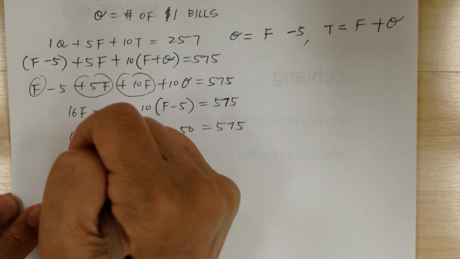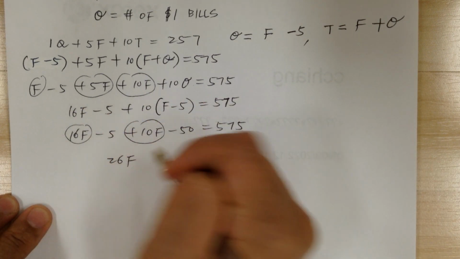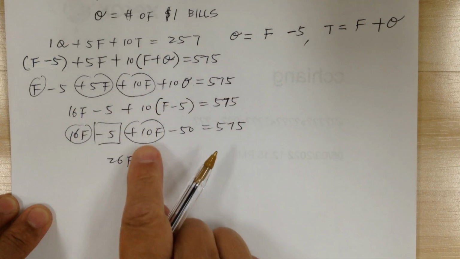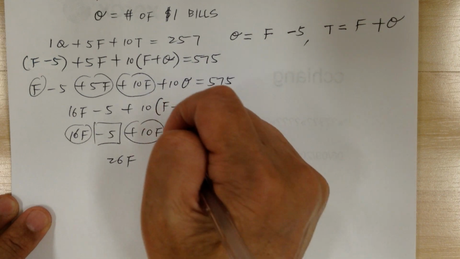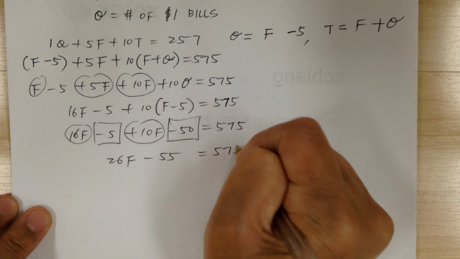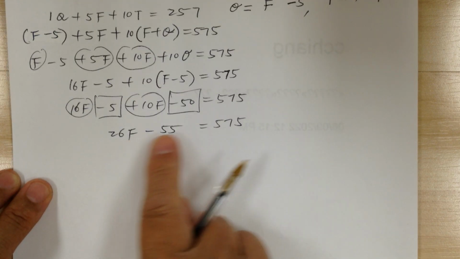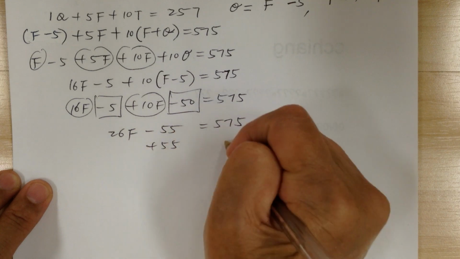Okay, so I'm going to combine the like terms. Again, this one and this one is 26F. And this one, so notice I use different shapes because this is for the F and this is for the numbers, right? Okay, so it'll be minus 55 equal to 575. So to solve this, I need to get rid of this, so I do plus 55.